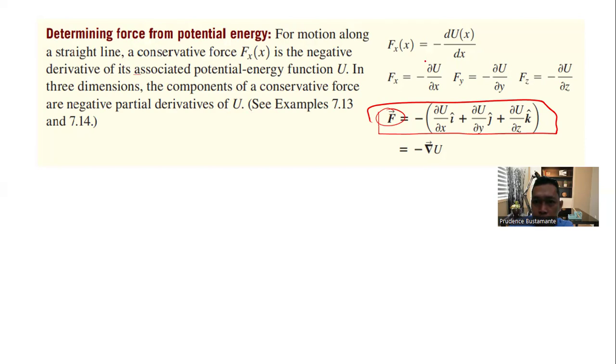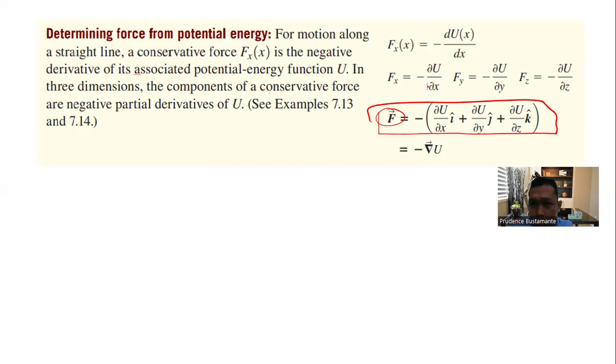So if you have, for example, in one dimension, you get your force, F of x, by taking the negative derivative of the potential energy function, negative the derivative of your potential function with respect to x.